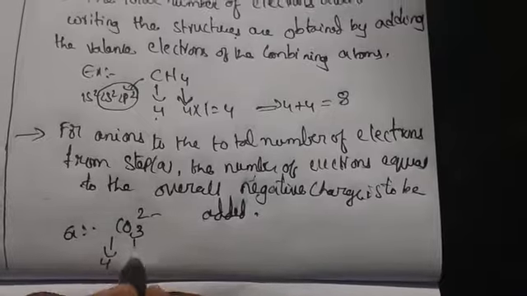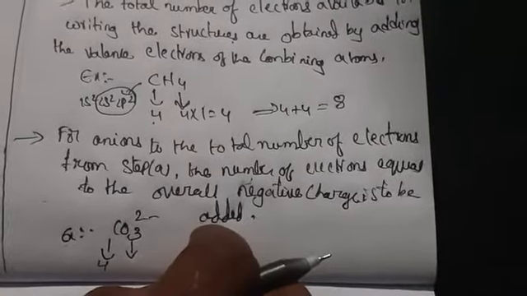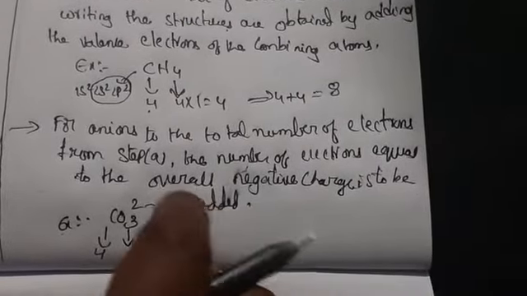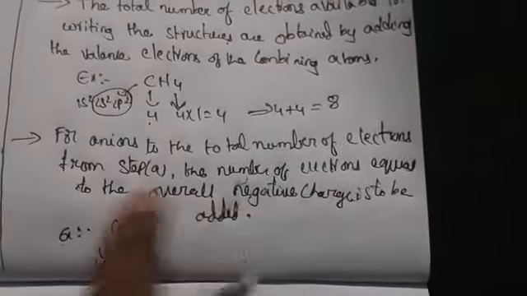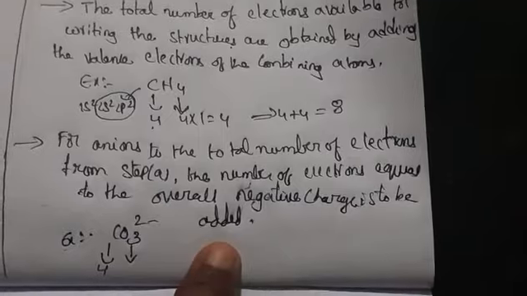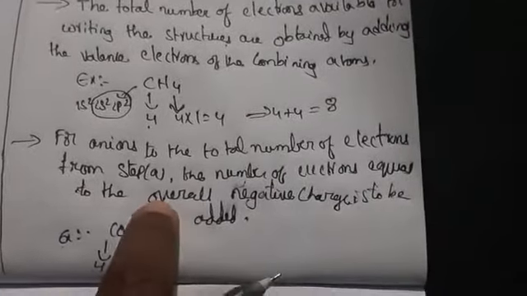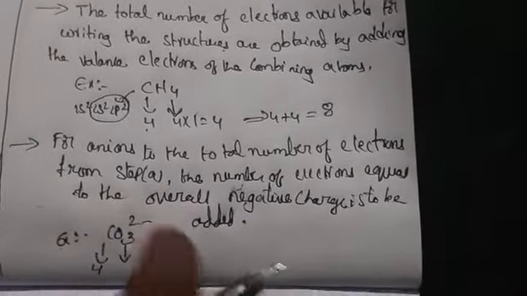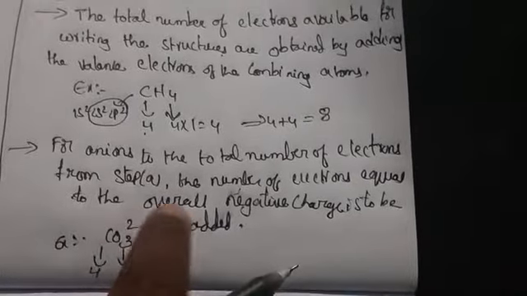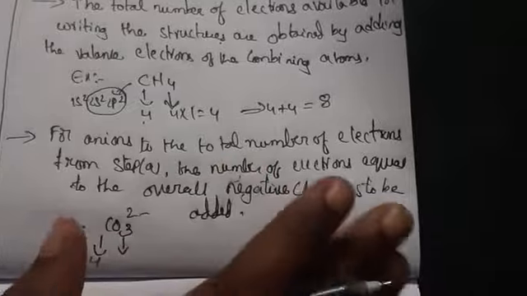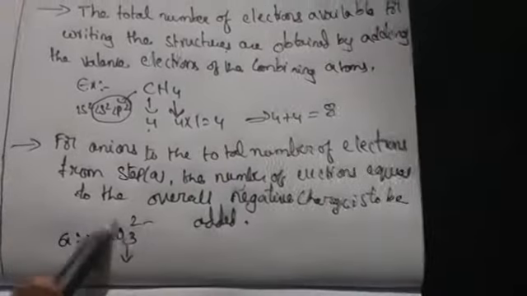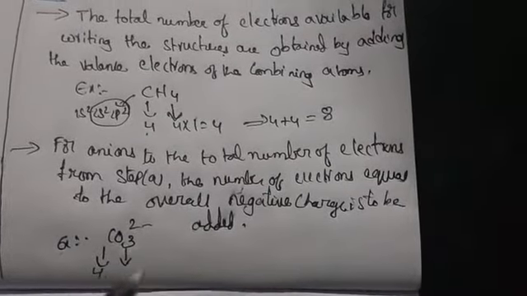Coming to oxygen, which group is it? Sixth group. What I have told, the number of electrons equal to the overall negative charge is to be added to these valence electrons. In the second step, the anion charge is added to the valence electrons.